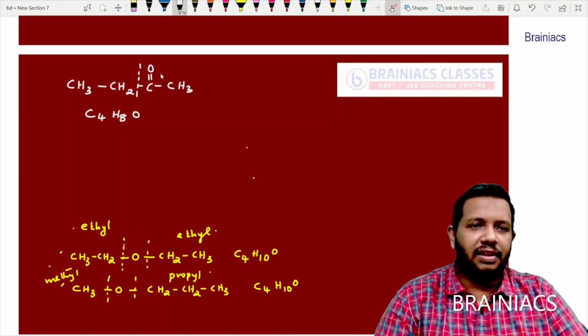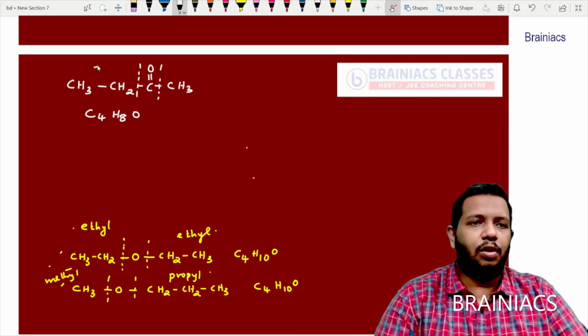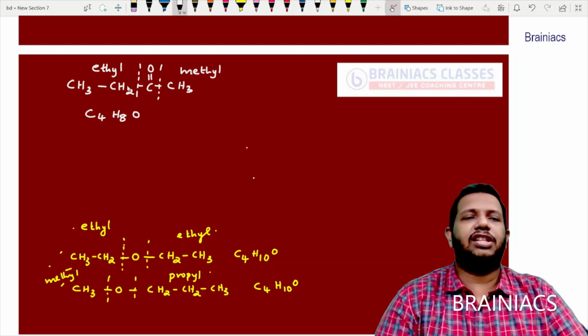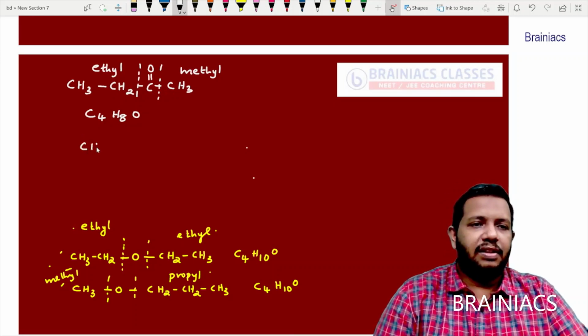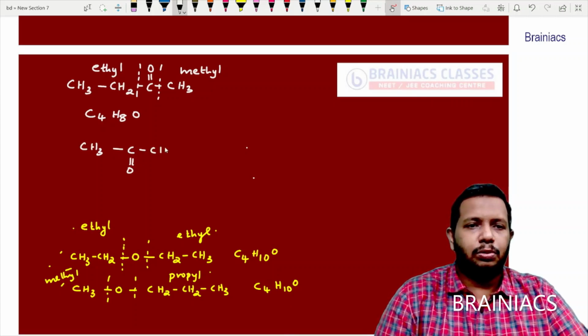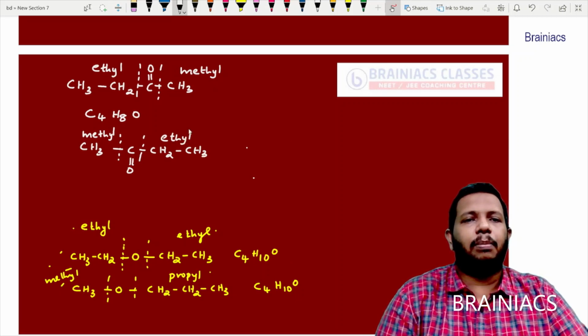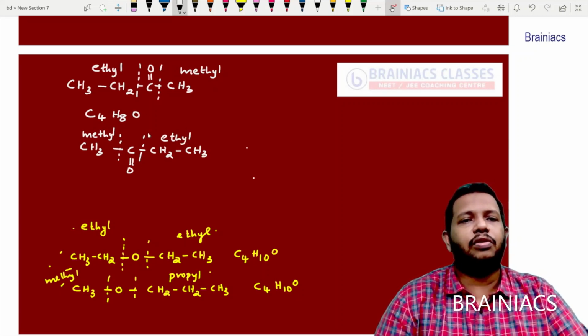Because here this is an ethyl group and this is a methyl group. Now if I do the arrangement in a different way: CH3, C double bond O, then CH2, CH3. Again, this is a methyl group and this is an ethyl group. So both have ethyl and methyl.